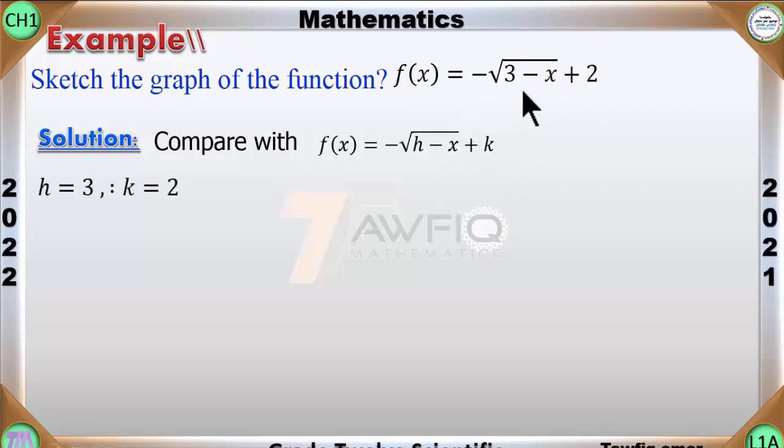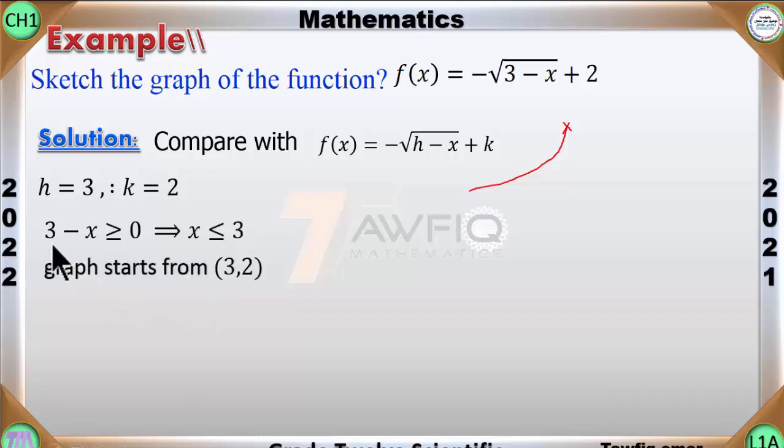Because the sign of x is minus and the sign of the square root is minus, the graph will start from the start point and go down and left. H is 3 and k is 2, then the start point is (3, 2).